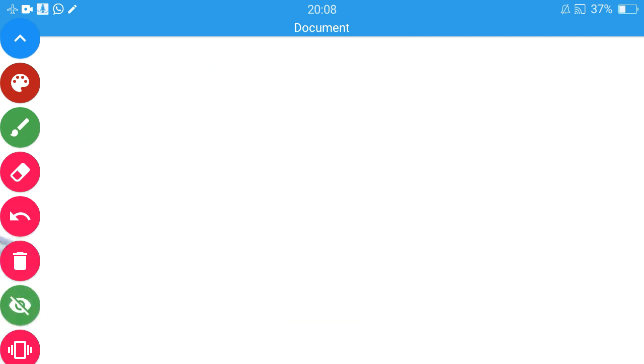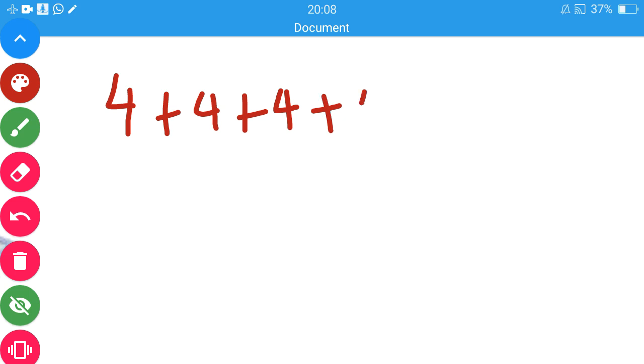See kids, repeated addition means, suppose I take a number 4 plus 4 plus 4 plus 4 plus 4. Now this question is in the form of addition. I can also write this question in the form of multiplication.